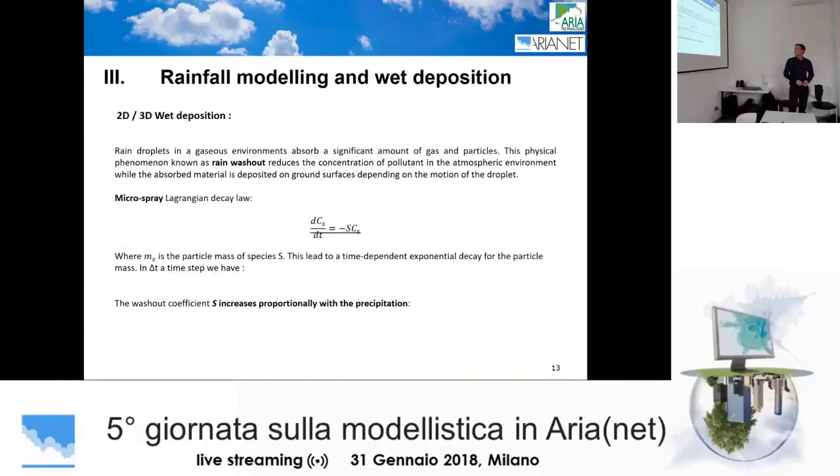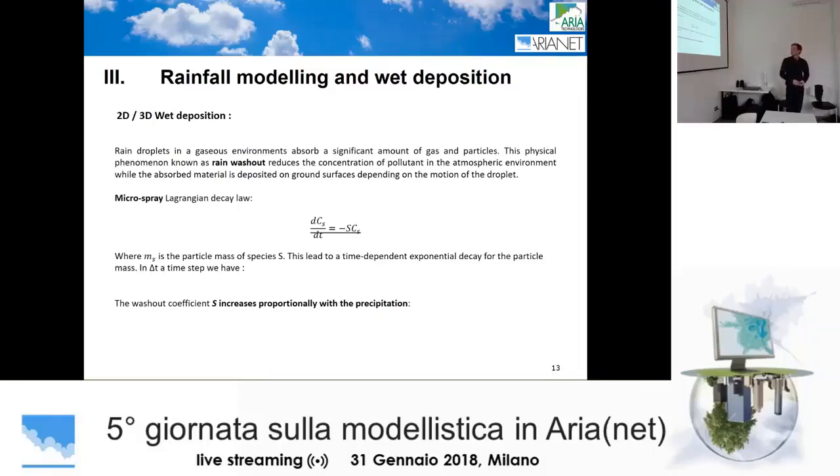Last bullet point, I would like to talk about wet deposition in parallel MicroSPRAY. Wet deposition is a process occurring during rainfall events. When rain crosses a plume of pollutants, the droplets absorb part of the gas and the particles and deposit them on the ground.